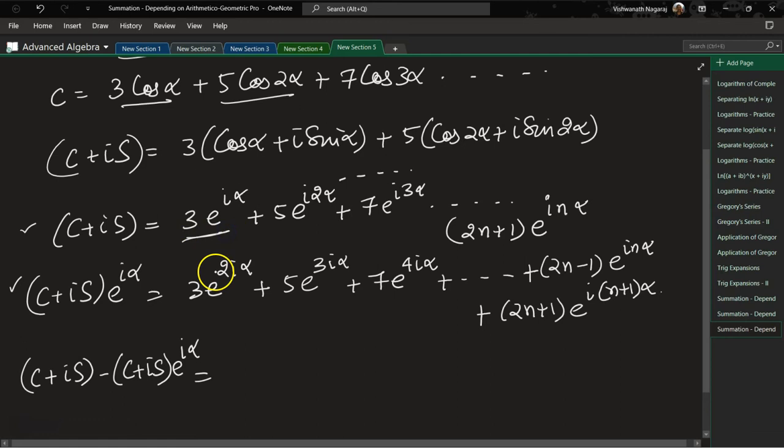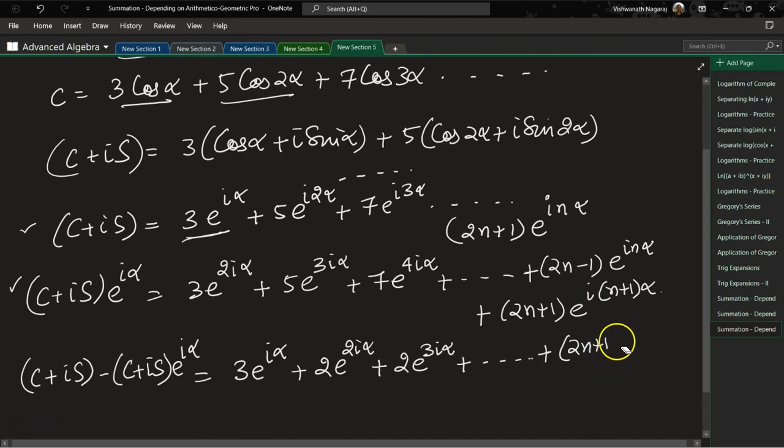Now there is nothing corresponding to the first term, so I write it as it is: e to the power of i alpha, plus 5 minus 3, 2 e to the power of 2i alpha, plus 7 minus 5, 2 e to the power of 3i alpha, and on and on. Now this will be 2n plus 1 minus 2n minus 1. So 2n plus 1. Let's not put the bracket.